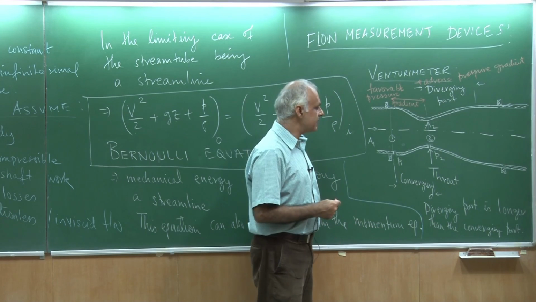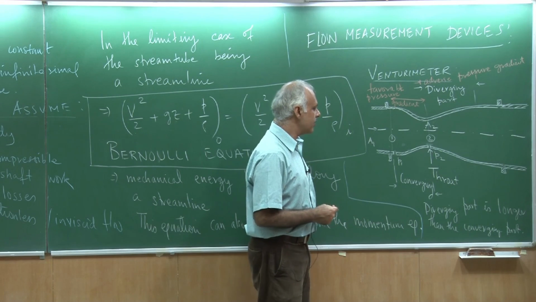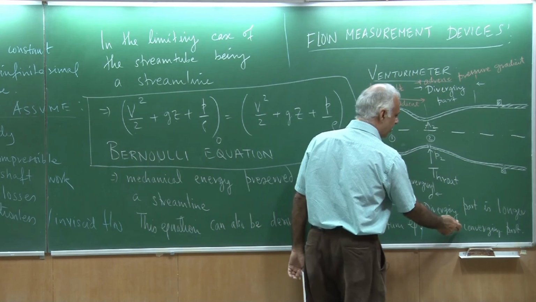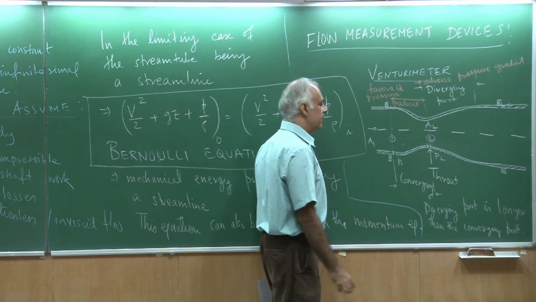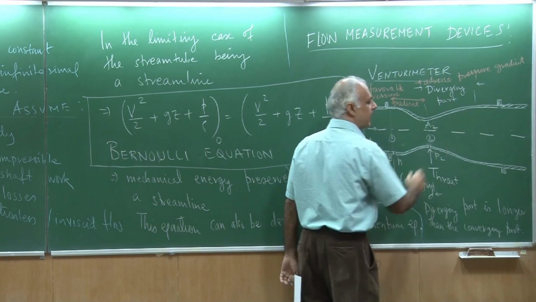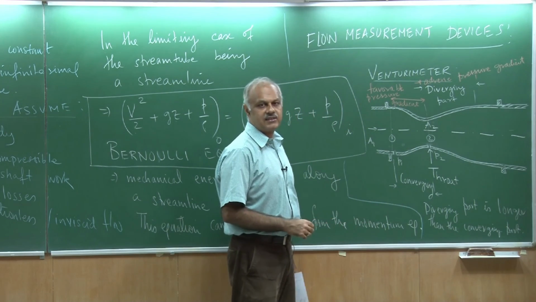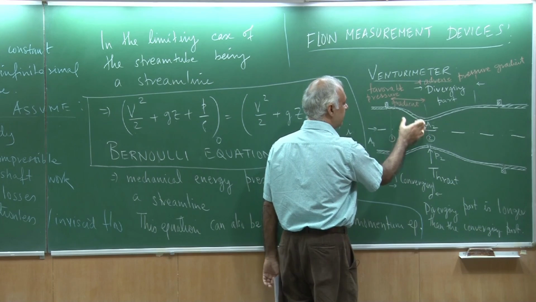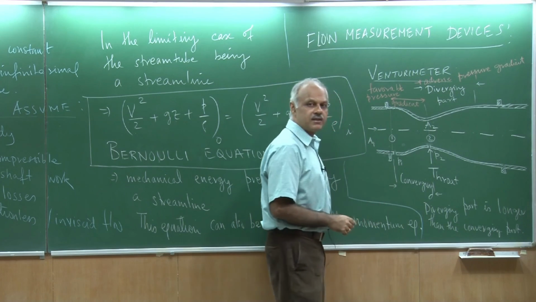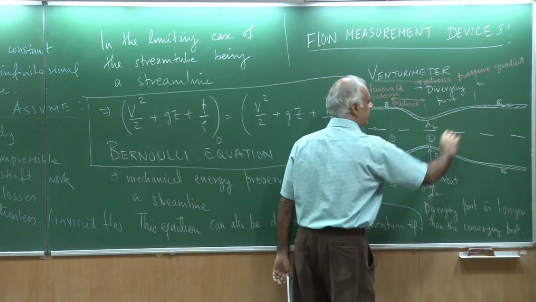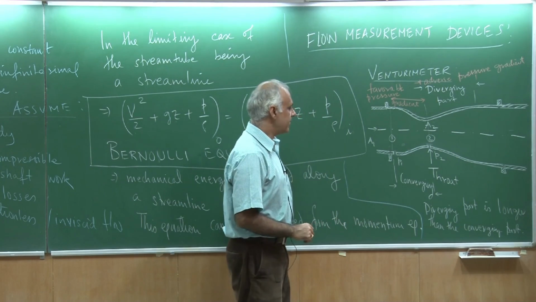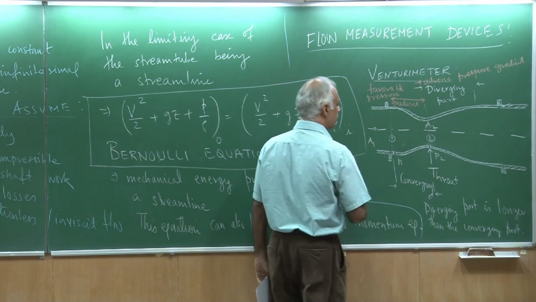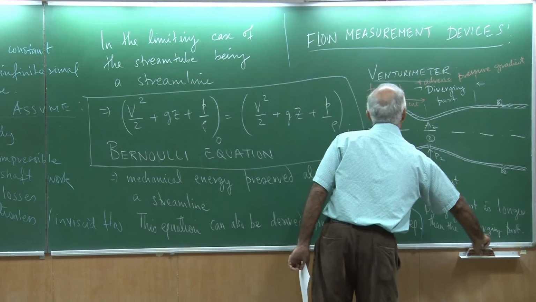So, I will explain this with a diagram in a few minutes from now, but that is the reason, because we do not want the flow to separate. So, we have to make the diverging part a little bit longer than the converging part. So, the reduction in the area can be a little bit more abrupt, but the increase in area has to be gradual. Okay? All right. So, let us go further with this analysis.